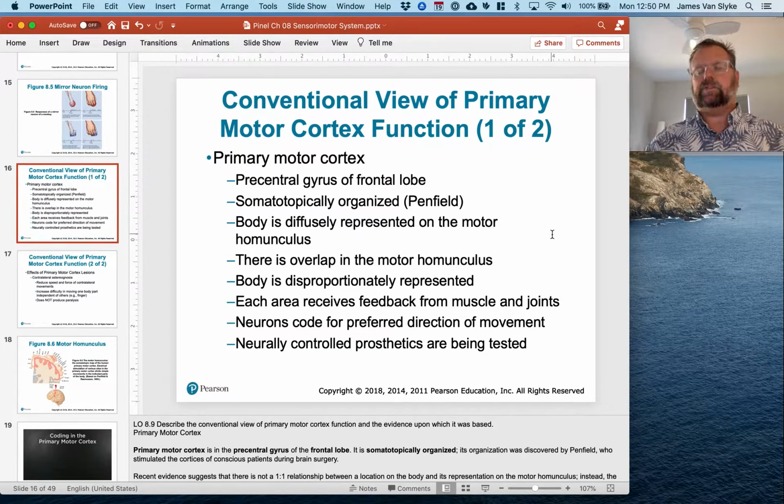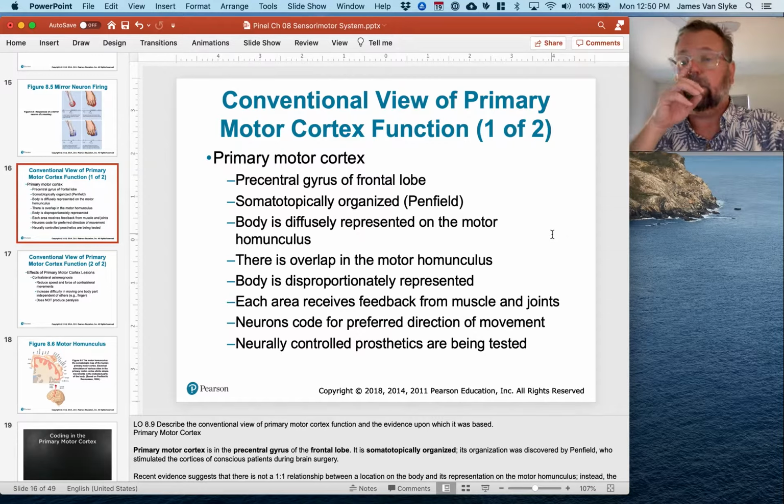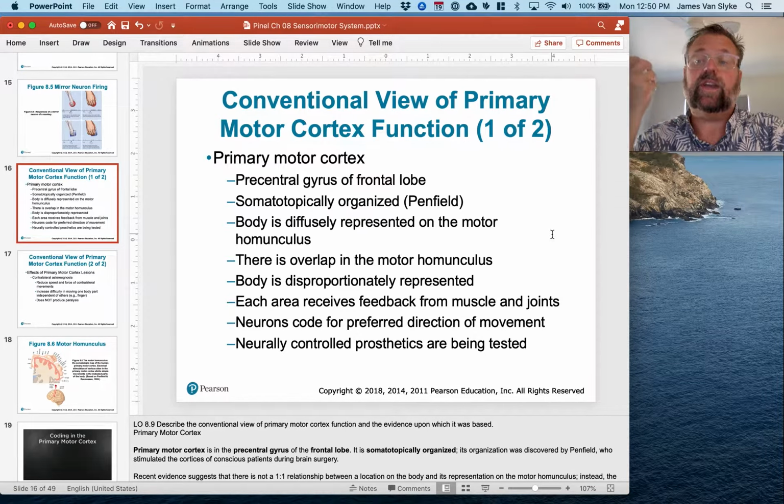Feedback systems are what allow us to modify whatever the motor action is that we're doing, whether we're walking or carrying something. If you've been carrying something for a while, the longer you carry it, the more strain it puts on your muscles.